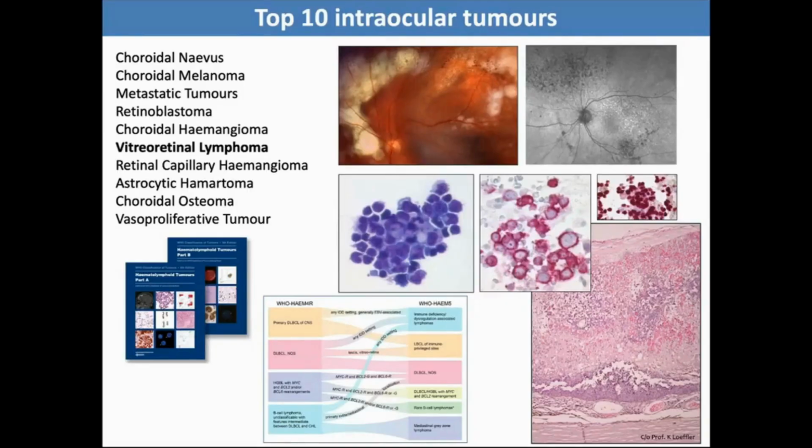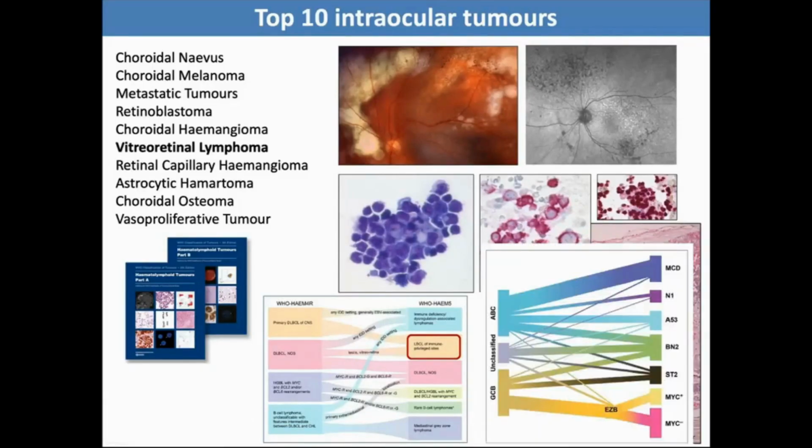So in the latest version of the WHO lymphoma classification, it has been put in the rubric of large B-cell lymphoma of immune privileged sites, together with the diffuse large B-cell lymphomas of the testis and the CNS. This is because you can get a relapse of testicular diffuse large B-cell lymphomas in the eye or in the brain, and similarly, you can get a relapse of vitreoretinal lymphomas in the brain.